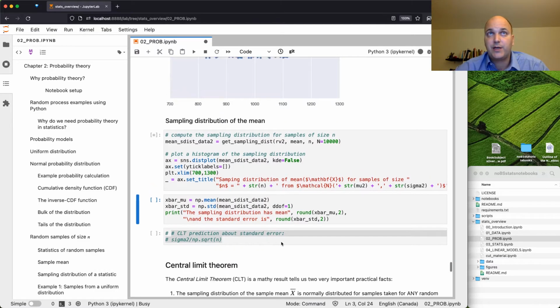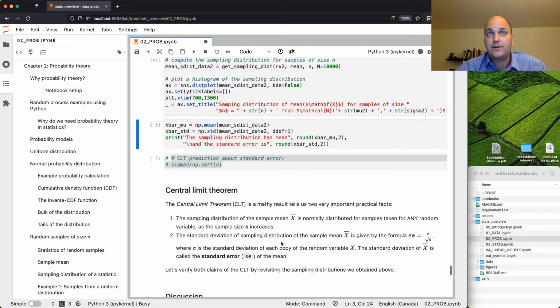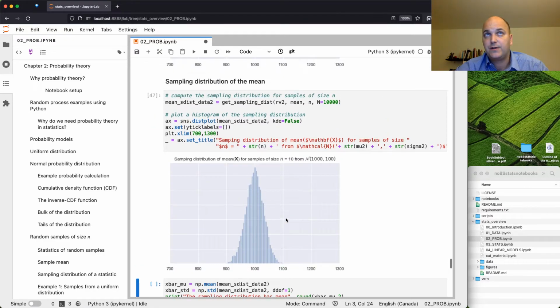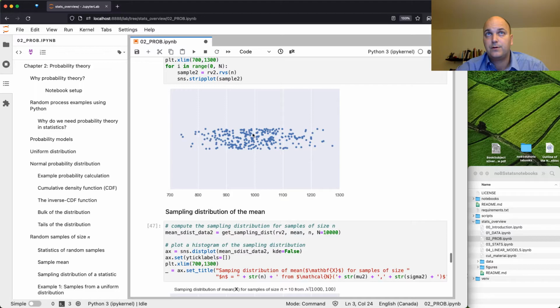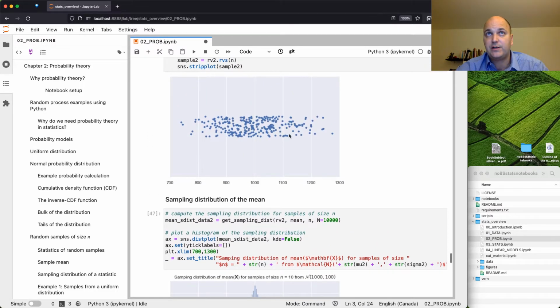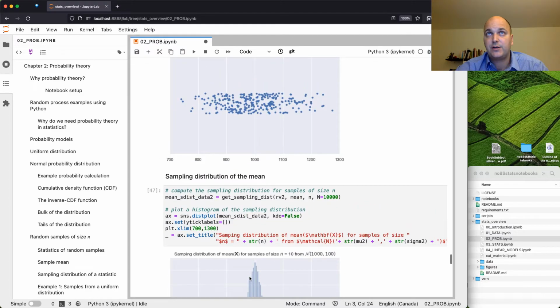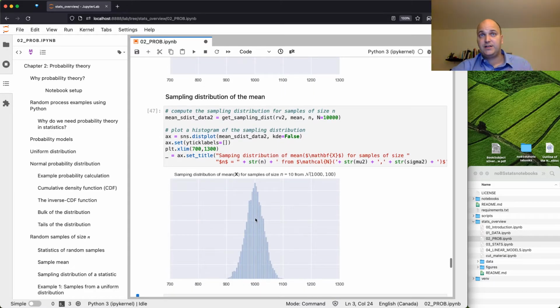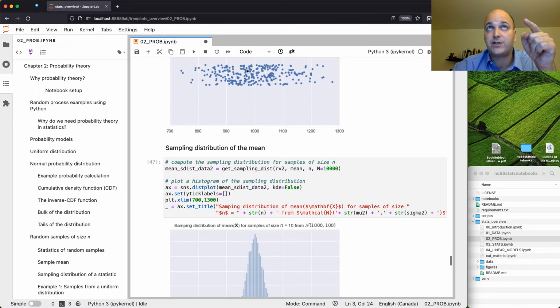And what do we get? Another normal distribution, but very different. This one was pretty spread out, versus this one, which is very concentrated here in the center. Each of these values here is the average of 10 values here, so for sure it will not vary that much.